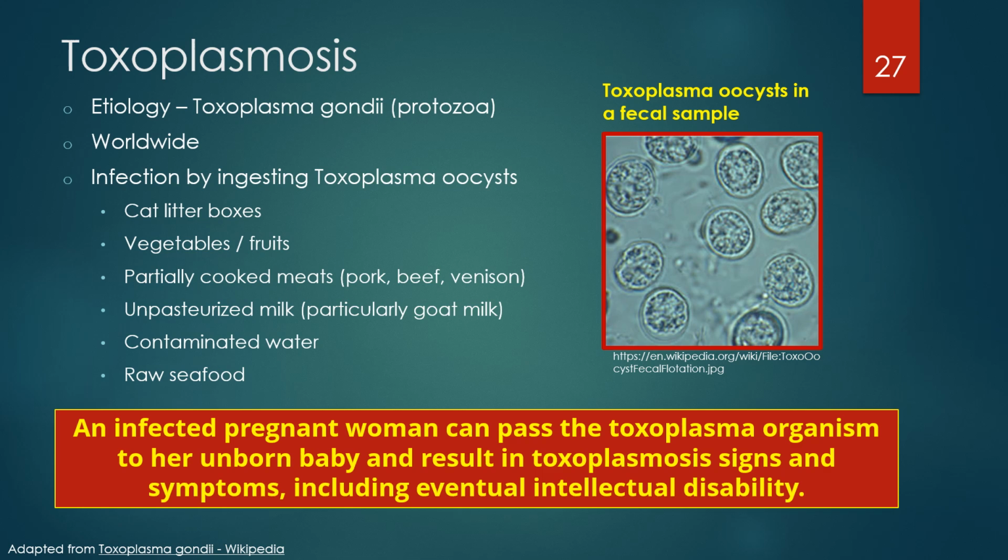An infected pregnant woman can pass the toxoplasma organism to her unborn baby and result in toxoplasmosis signs and symptoms, including eventual intellectual disability.